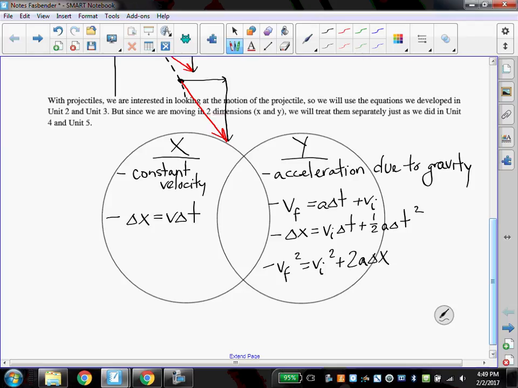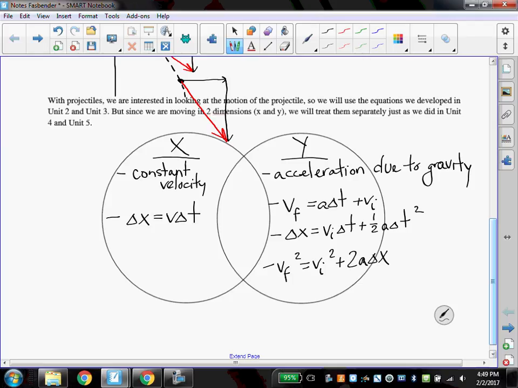Now all of those are familiar to us because those are the three equations that we used back in Unit 3. And because all of them involve acceleration, we could use any of them to help us algebraically solve a problem when we think about a projectile just in the y direction.